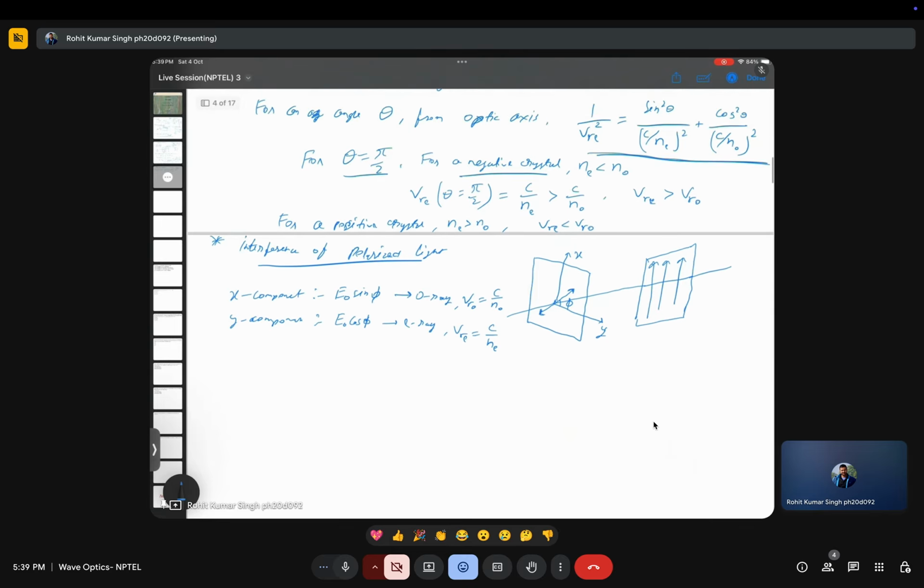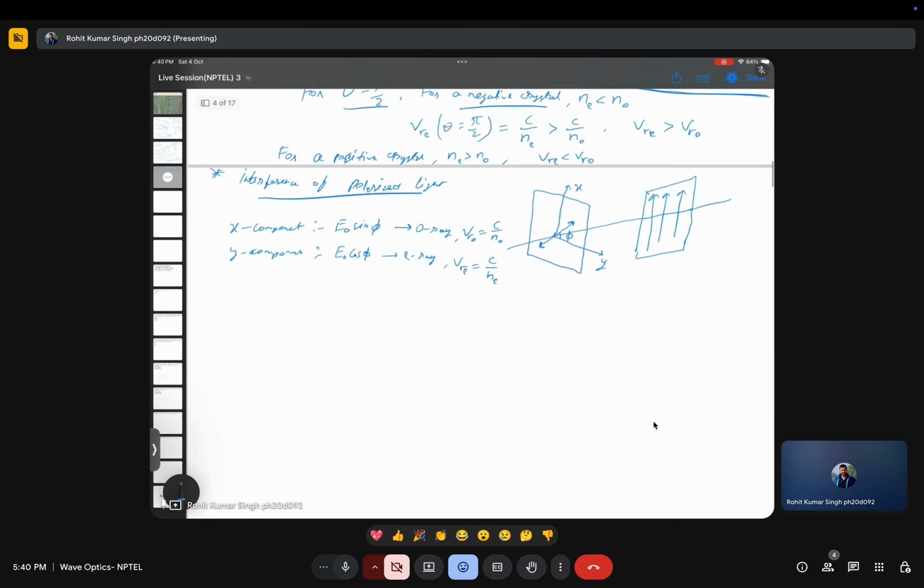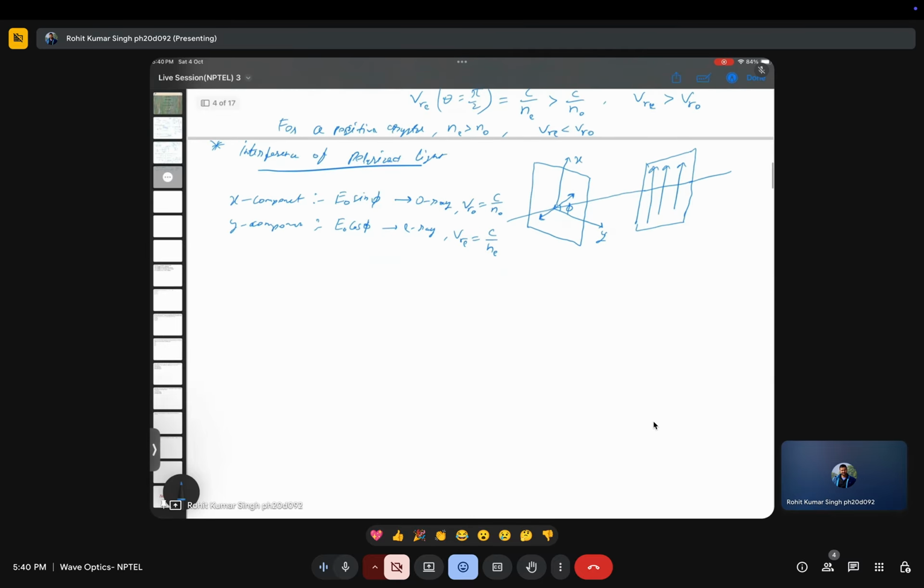And if this is a negative crystal like calcite, for which Ne is less than No, then extraordinary ray velocity will be greater than the velocity of ordinary ray.